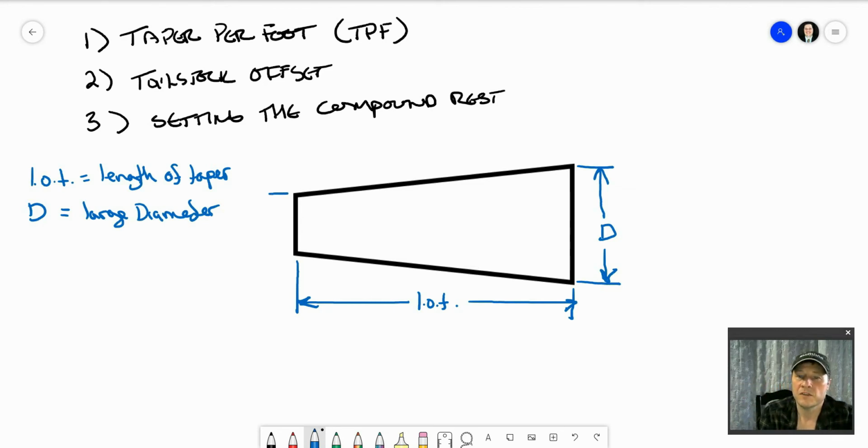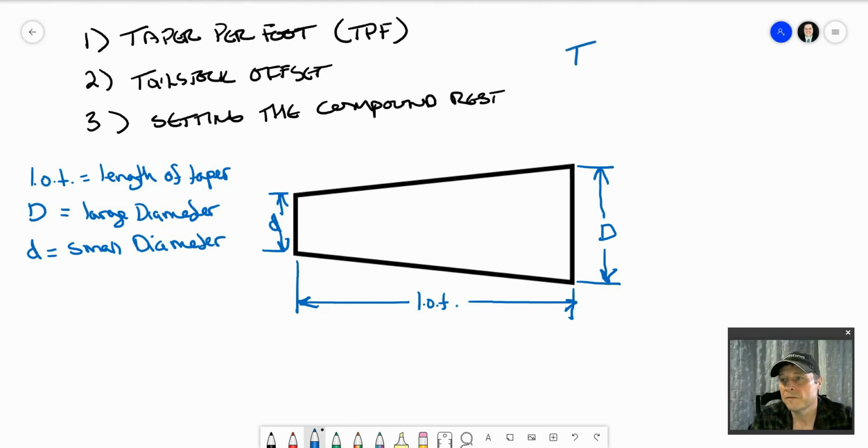And then we need to know, obviously, the small diameter, right? Small d is the small diameter. Okay, so three pieces of information: length of taper, large diameter, small diameter.